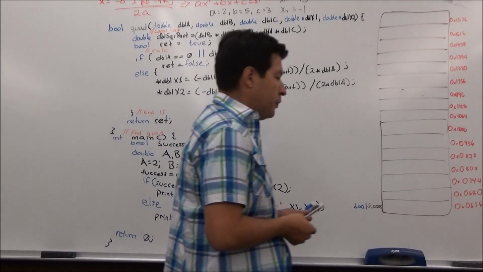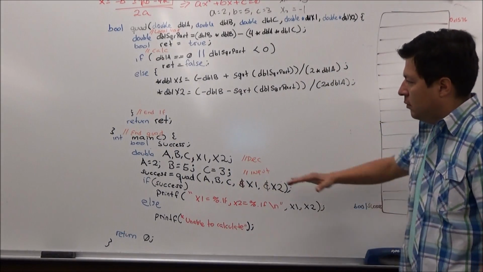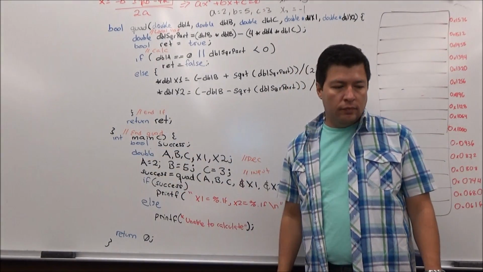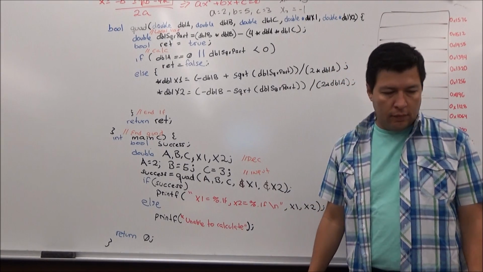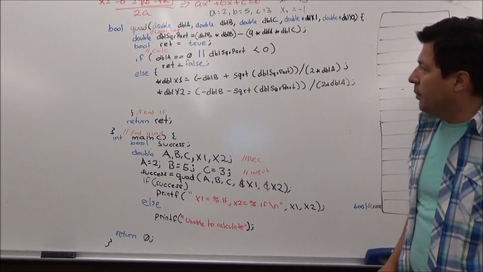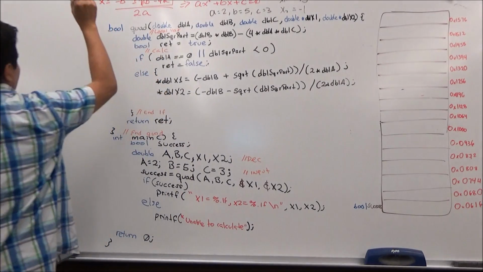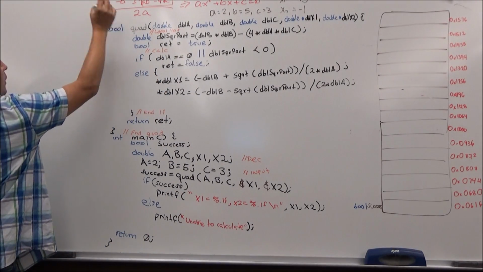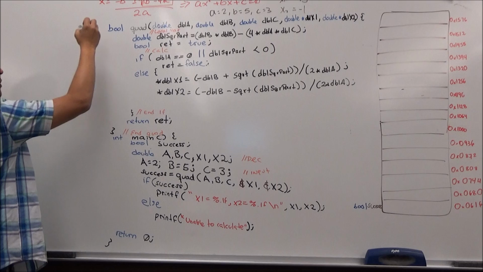Okay. So the next line, this line, maybe I should number them. So let's do this. I assume I have my include math.h.